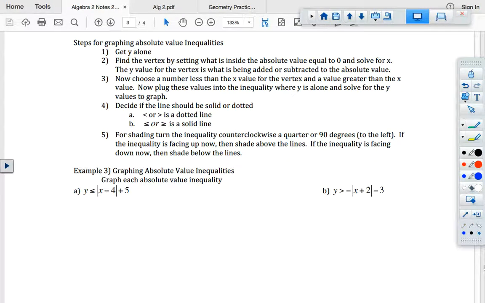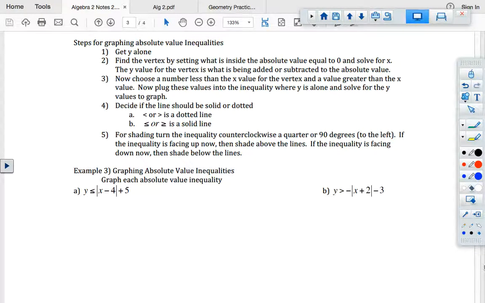Now we get to absolute value inequalities. Same thing as when we graphed absolute value equations, except now we have to decide if it's solid or dotted and where to shade. First step is to get y alone.